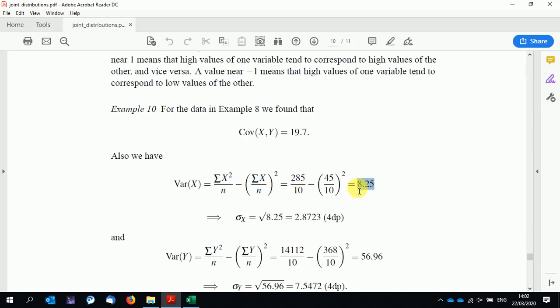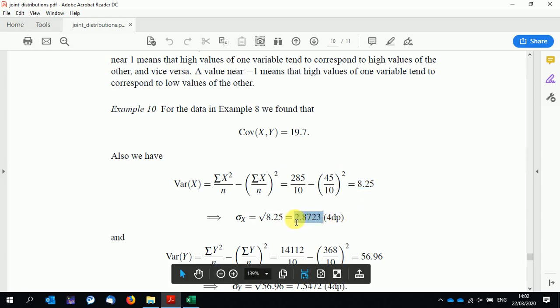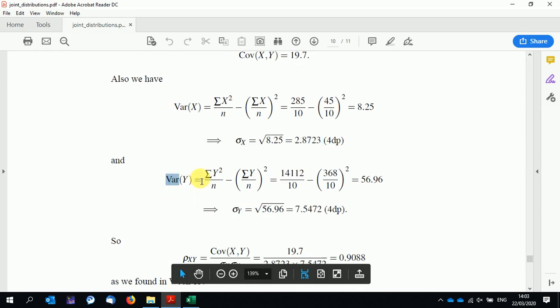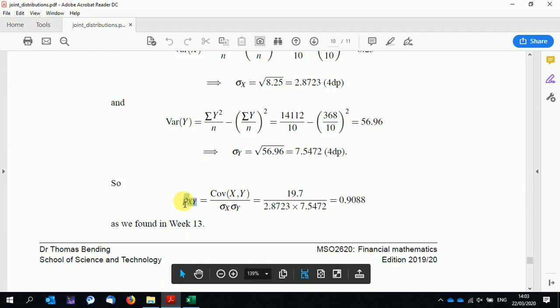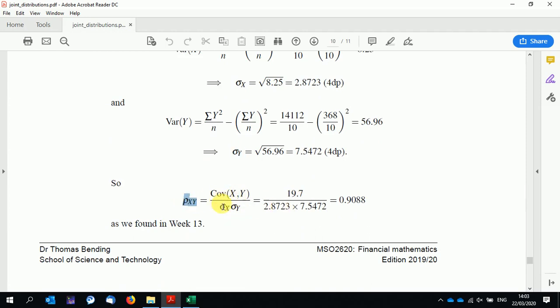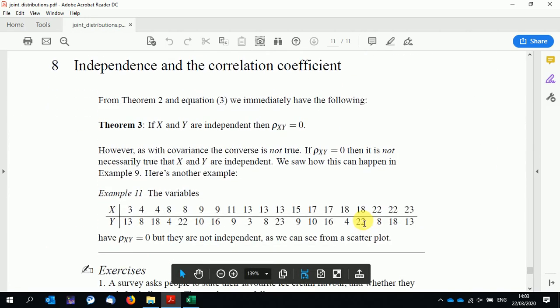A square root of the variance will give you the standard deviation. Similarly, variance of y using this formula can be calculated. A square root of this number will give you the standard deviation. Hence, I can find my r using this formula, and that's what we've seen to 3 decimal places, 0.909. Good, so that's it.